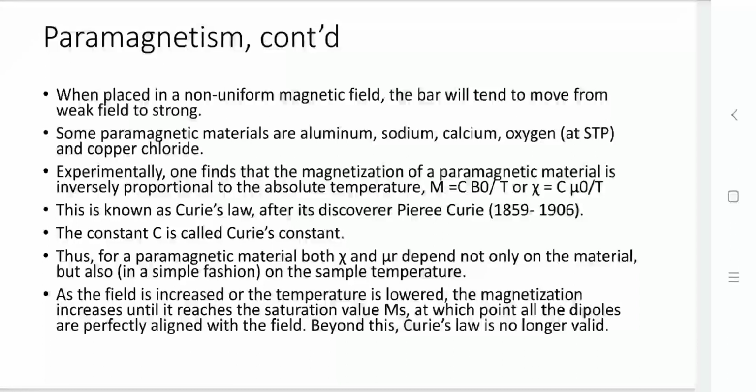Thus for a paramagnetic material, both zeta and mu r depend not only on the material but also on the temperature.